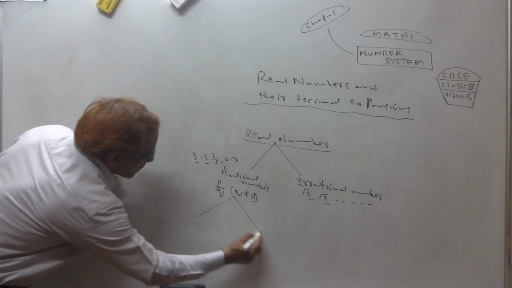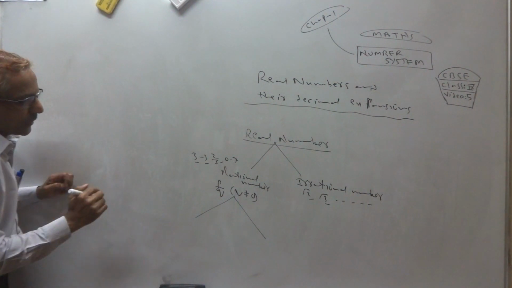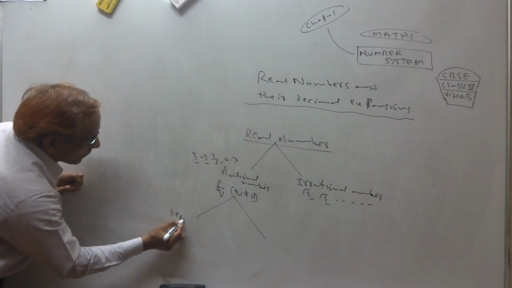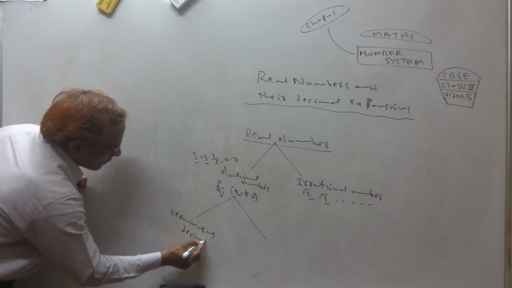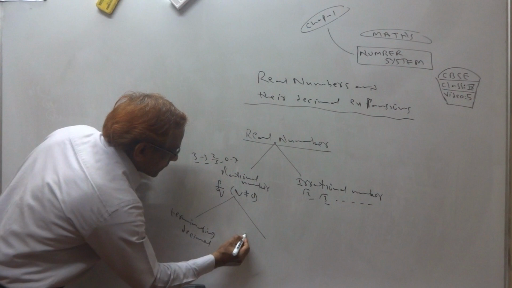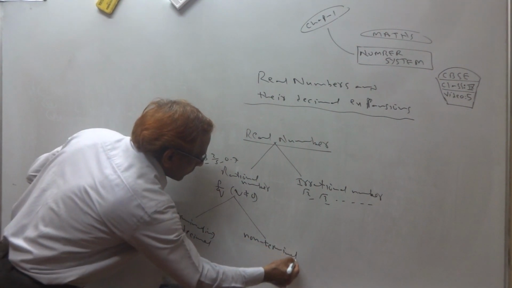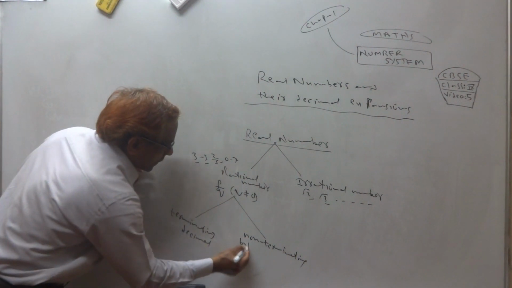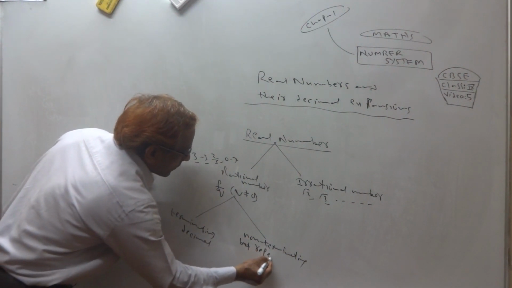A rational number has two types of decimal expansions: one is terminating decimal and one is non-terminating but recurring or repeating decimal.